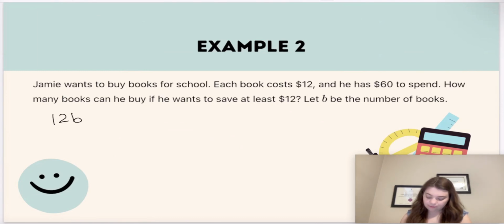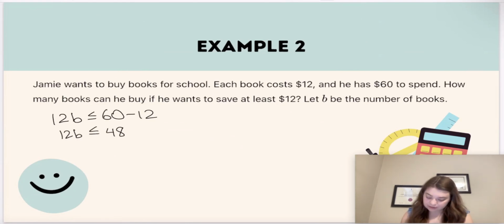And so therefore 12B must be less than or equal to the amount he has to spend, which would be 60 minus the $12 that he wants to save to potentially spend on something else. So 60 minus 12 would be 48. So therefore 12B must be less than or equal to 48.